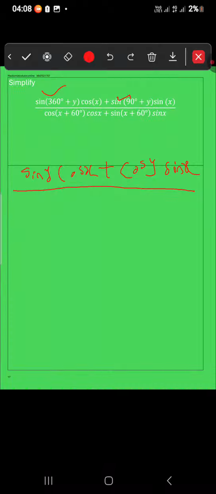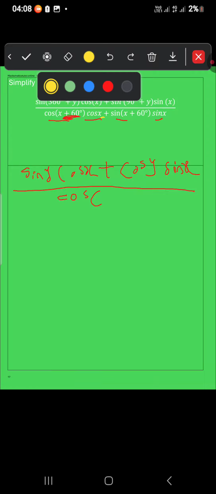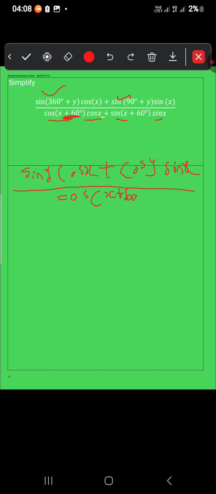Then at the bottom, this is cos, sine, and the angles are repeating. So this is cosine. It reverses back to cos of the first angle, and x is the second angle. So cos, the first angle is x plus 60.